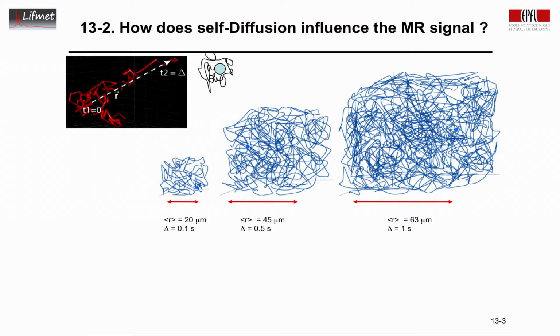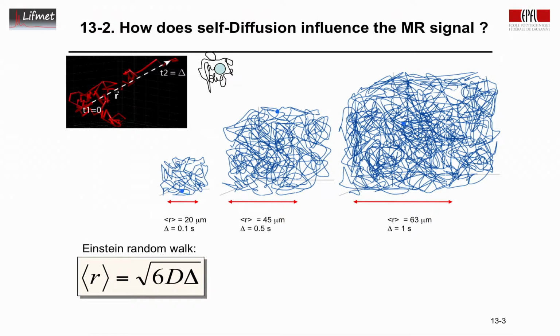This random motion, diffusion, was described by Einstein. It's the Einstein random walk, and this mean displacement is given by the square root of 6 times a constant D times the time big delta. D is called here the self-diffusion coefficient, and r is the root mean square displacement after delta seconds.